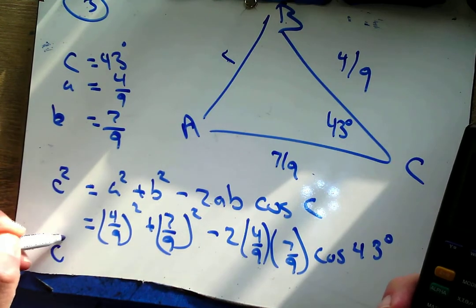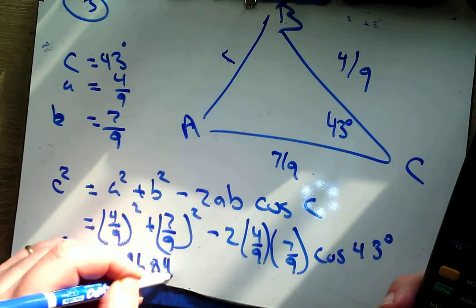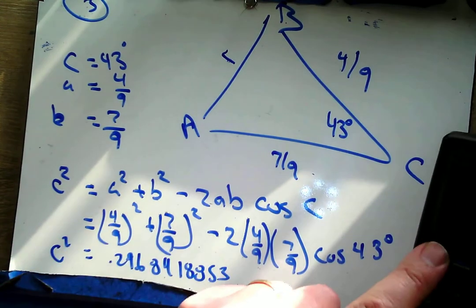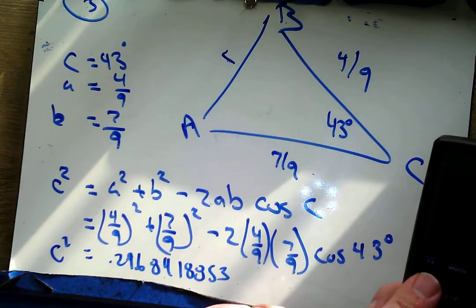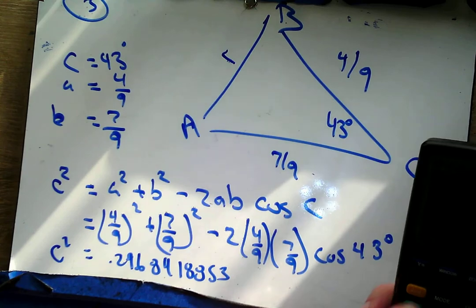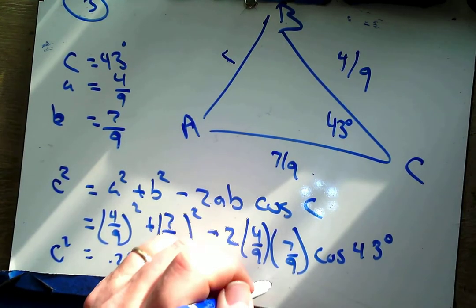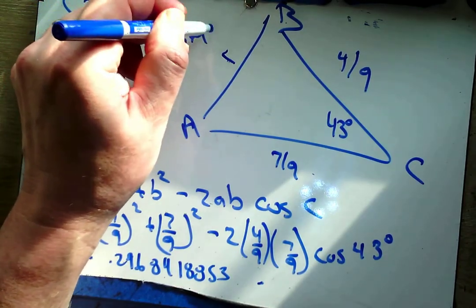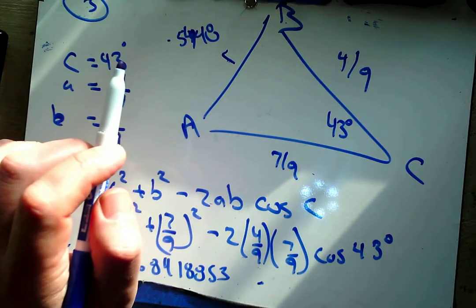And this is c squared: 0.296841885. Let's take the square root of that, and I get 0.5448. Because this is law of cosines, I don't have to check for that second solution.